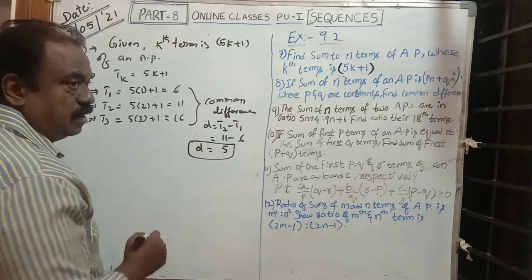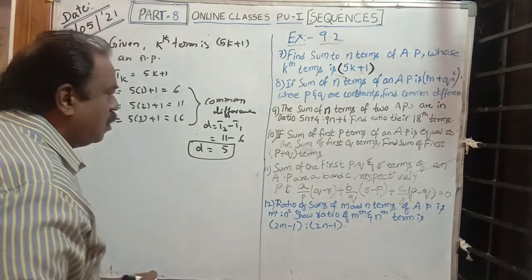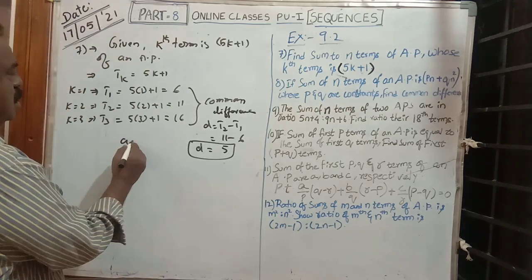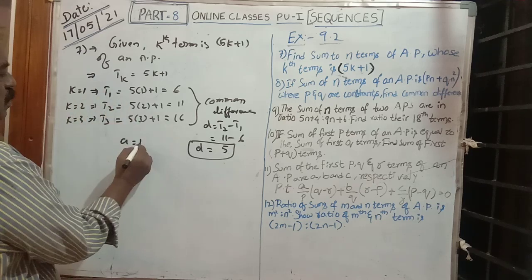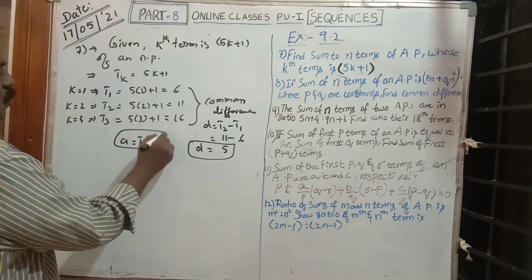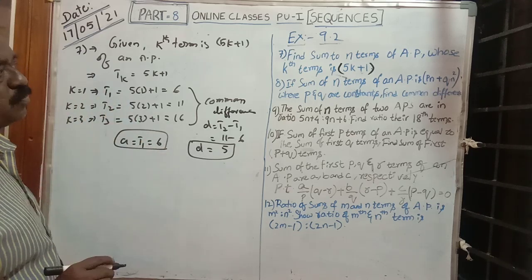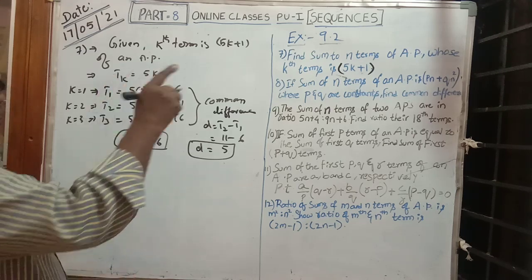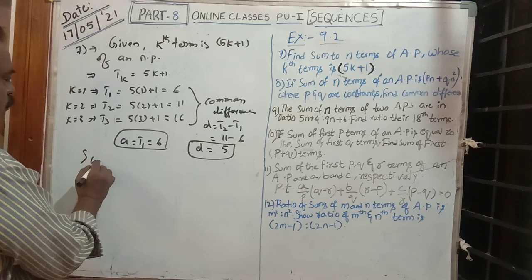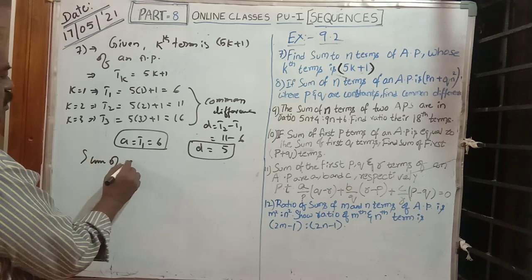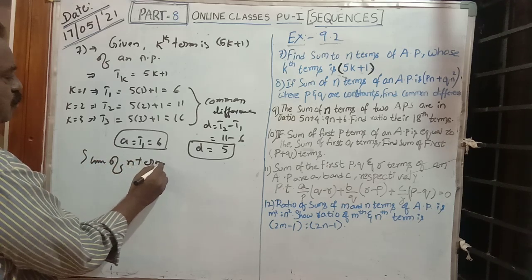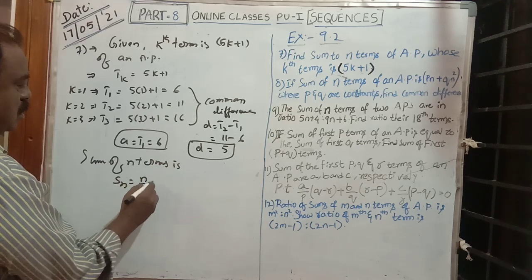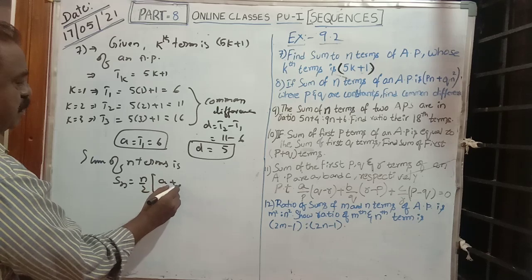D is the notation for the common difference, d is equal to 5. Here what is a? A is equal to t1, that is equal to 6. So a is there, d is there. Now the sum to n terms: Sn is equal to n by 2 of a plus l.